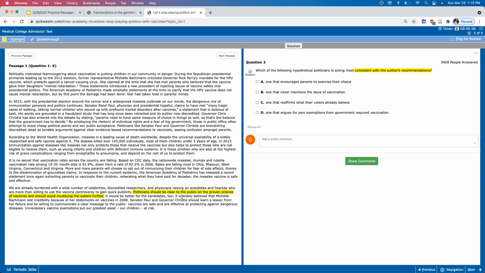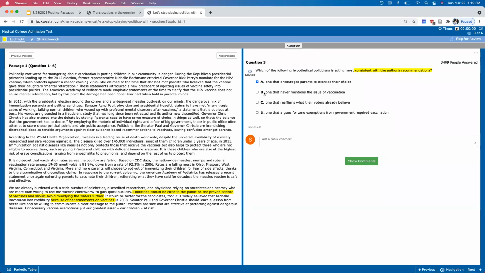And then it said it would be better for the candidates. She lost her credibility because of her statements on vaccines. So it is basically saying that they should either be clear on the proven science or just avoid muddying the water. So like, don't discuss it.